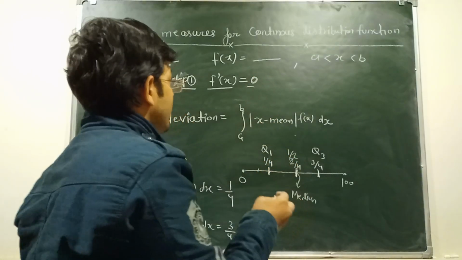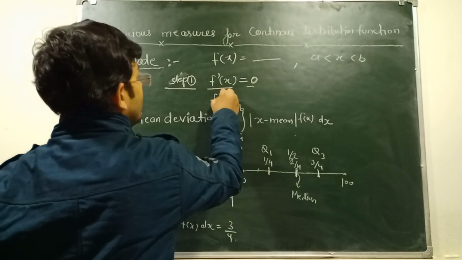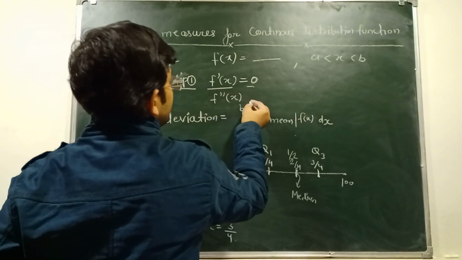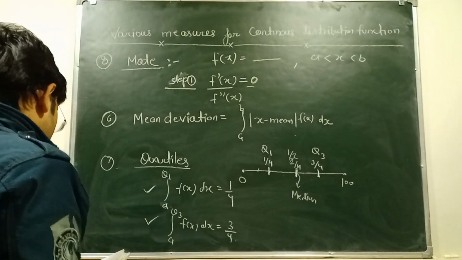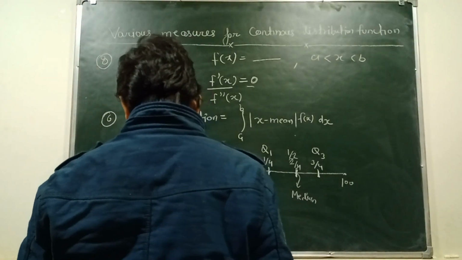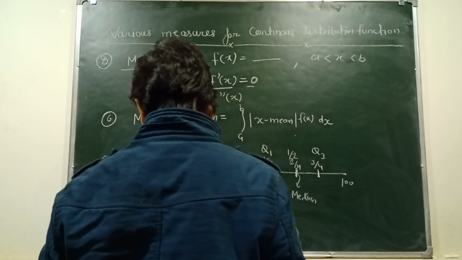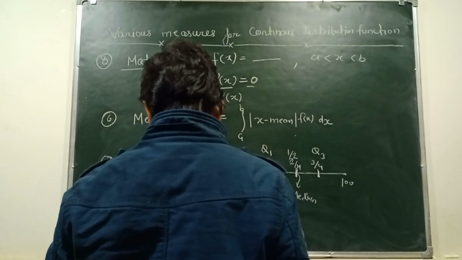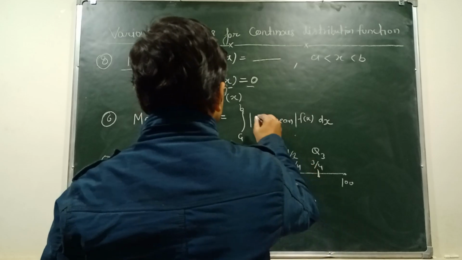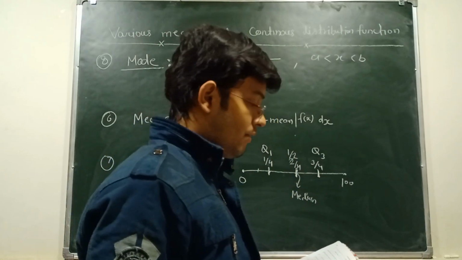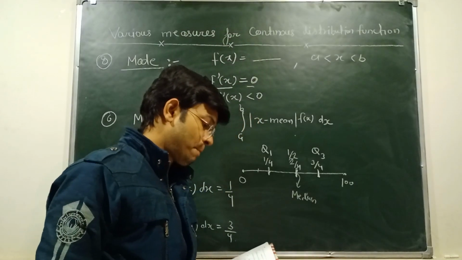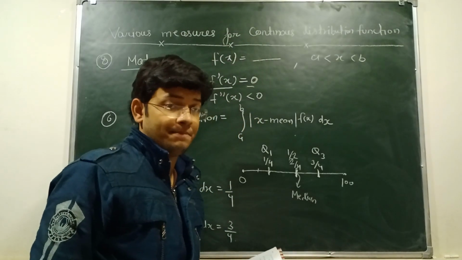The second step is to differentiate again with respect to x, and if the double derivative is less than 0, that means this is the maximum value of our frequency.